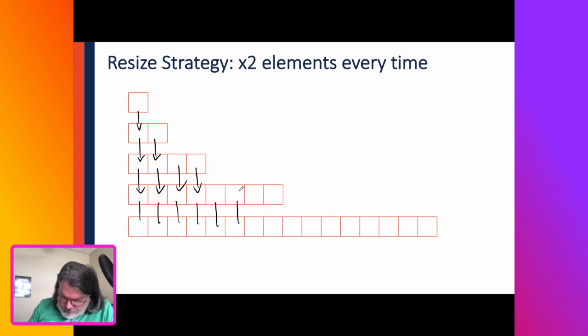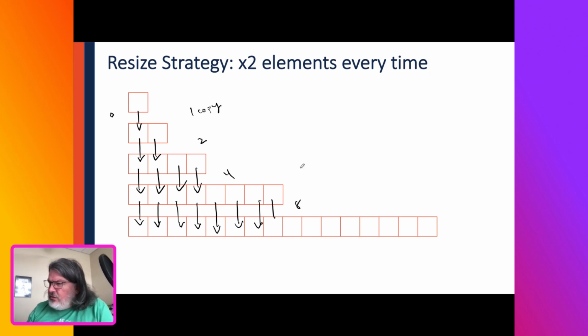So again, we're going to do this analysis by thinking of the rounds first. In this case, we are going to number the rounds starting at 0. So the 0th round, we make 1 copy, then 2, then 4, and then 8.